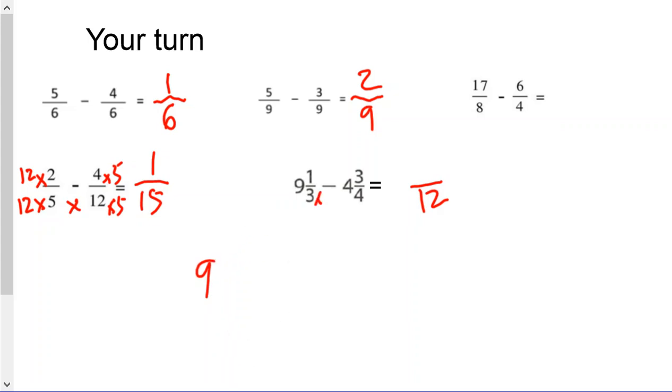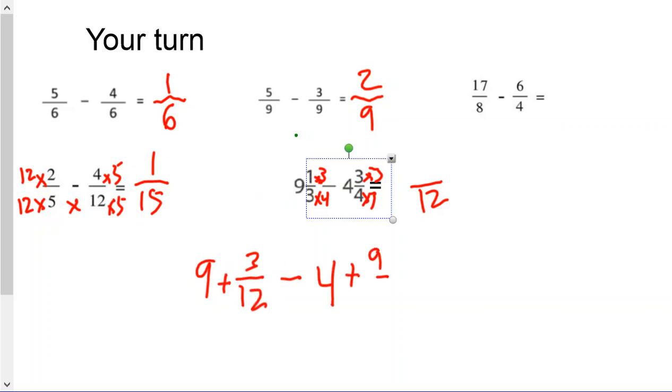So times 4, and this is times 3. Okay, so now we have 9 plus 3/12 minus 4 plus 9/12.